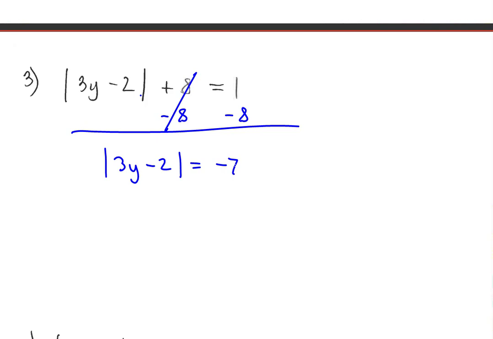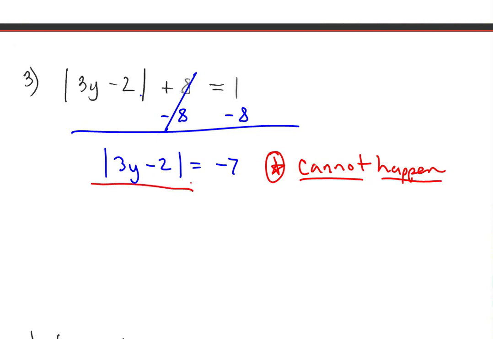Now, at this point, you could try to go through the splitting process like we've done above. However, we also want to catch something important right here, which is this would never actually happen. So I'll put here a note, cannot happen. And the reason it cannot happen is because we have an absolute value expression equal to something negative.